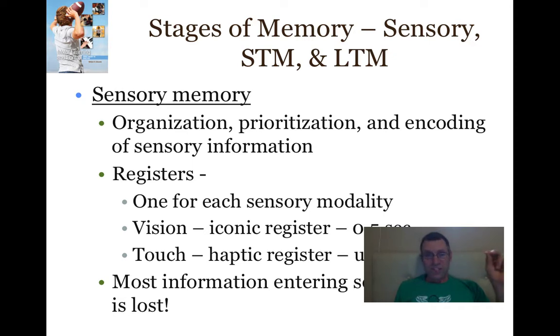For each sensory modality, we have a different register. Vision, which is referred to as the iconic register, lasts for about 0.5 seconds. Not 5 seconds, 0.5 seconds. That would not be good. So an image that we pick up visually can actually remain there for about 0.5 seconds.